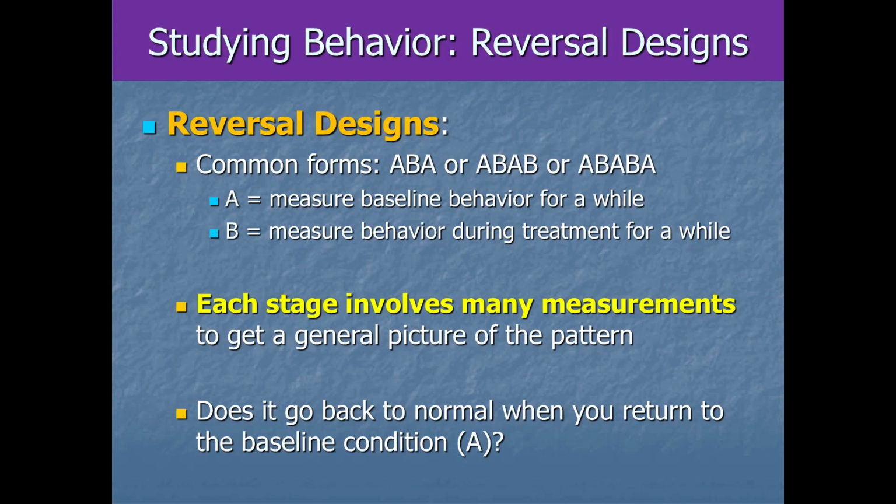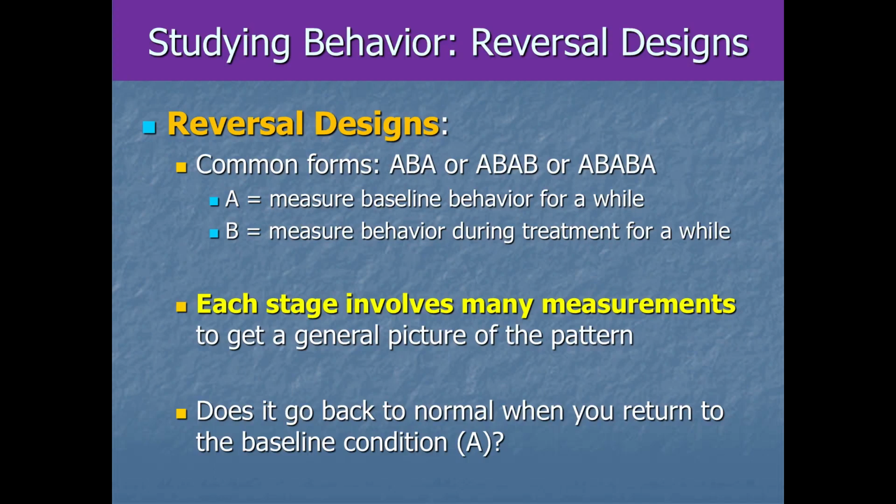That means that even for an individual subject, we might have hundreds of data points, or follow that one child for months and months of data collection. So once again, the term single subject design might sound a little misleading if you're picturing a sample size of one, a single data point.